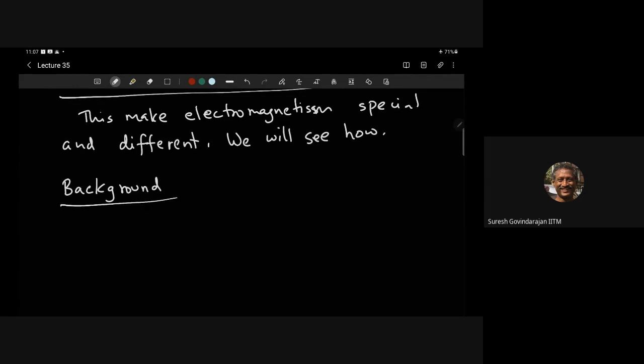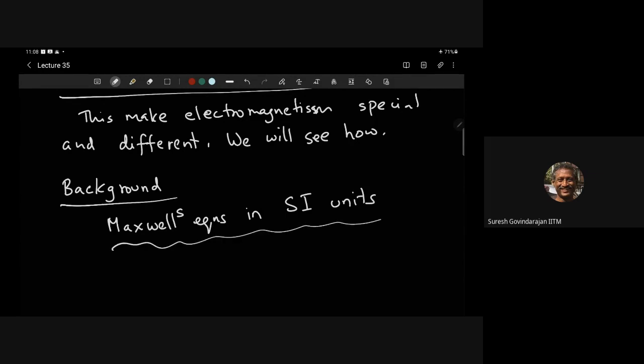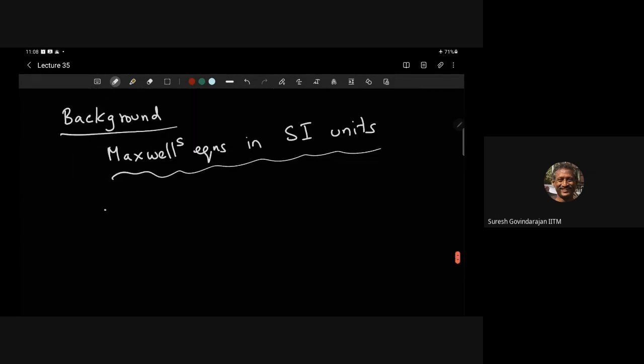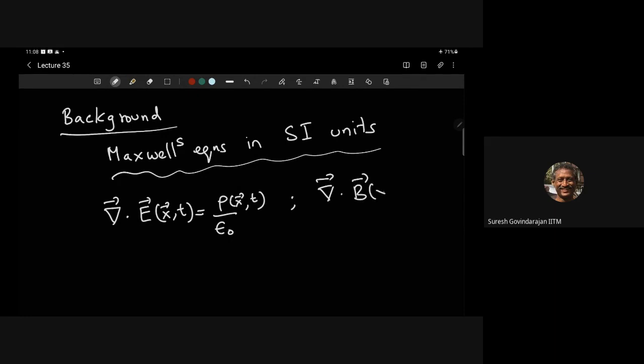Okay, I just want to write Maxwell's equations in SI units. So I write it in the following. Okay, in free space with sources.